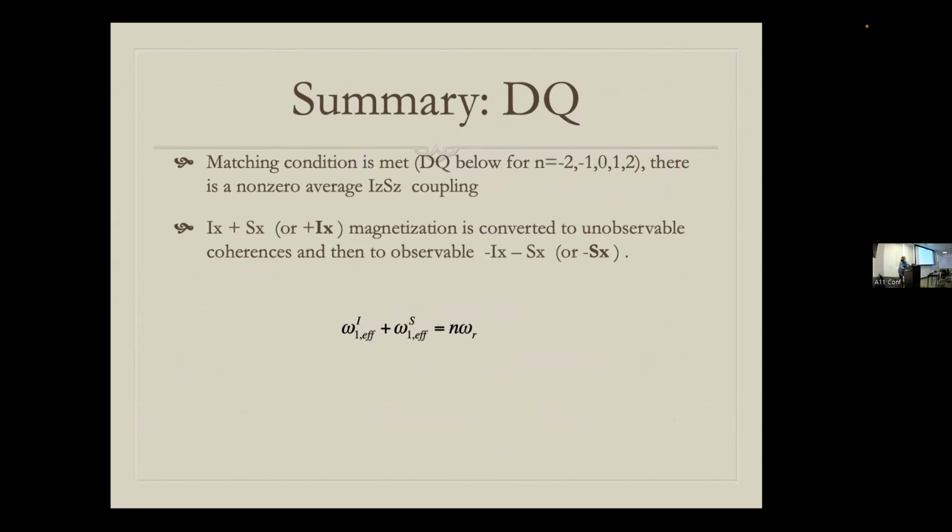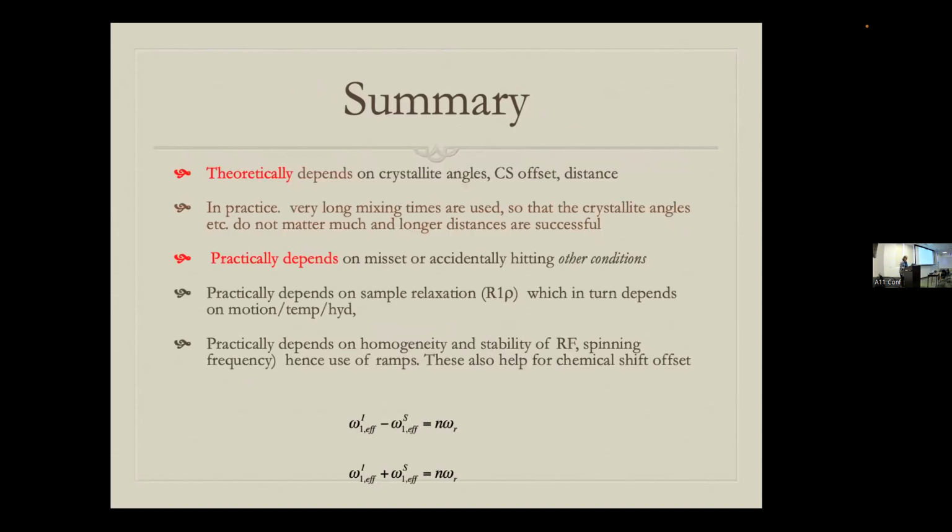This is an important thing to be aware of for very fast spinning. It may be impractical to set up a difference frequency equal to omega r if omega r itself is 100 kilohertz, so very fast spinning, right? But you could set up a situation where their sum frequency is 100 kilohertz. So this is an important condition to be aware of for ultra fast spinning.